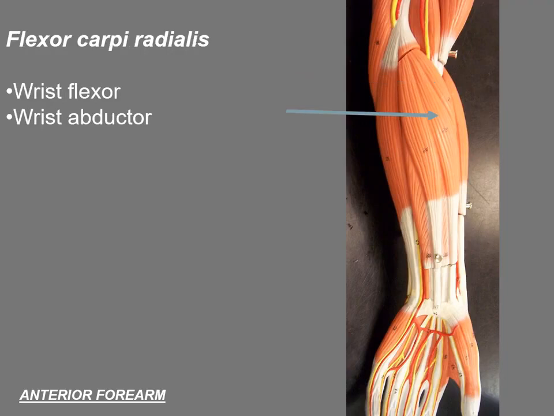Flexor carpi radialis. Now, you'll start to say, well, a lot of these muscles are really close to each other and are hard to distinguish. If I were you, I'd pick one, know the location of that, so have your primary landmark, if you will, and then start to say, okay, one muscle away to the right, second muscle to the right, third muscle to the right, etc. So pick your landmark and then move from there, right and left, and that will help you.